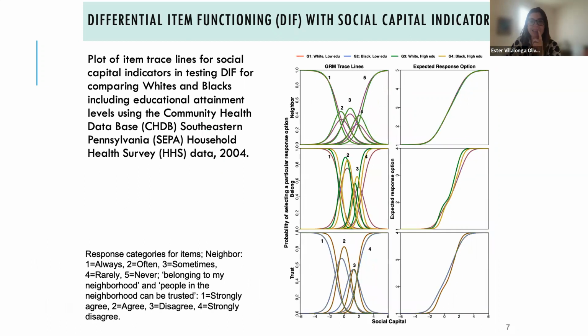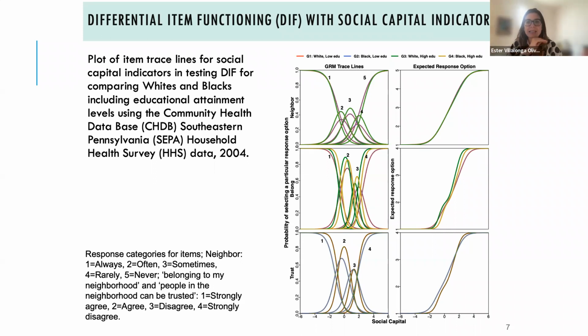But things get more complex when analyzing the four-group model. We created four groups because, as I told you, we included educational attainment. In this case, in the item belonging to my neighborhood, which is this one, the red and blue curves overlap.